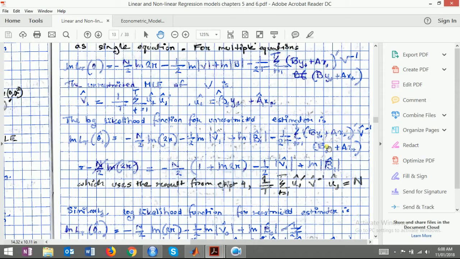So basically that leaves you with n by 2 times (1 plus log 2 pi). Great. So you can take a common n by 2, which is 1 plus log 2 pi, plus the rest as it is, minus half log v plus log beta, 1 half log.